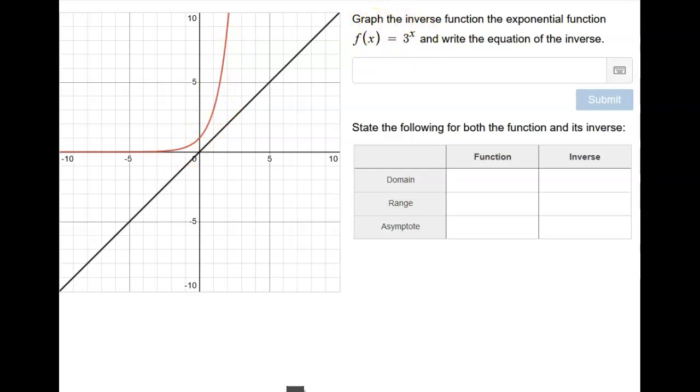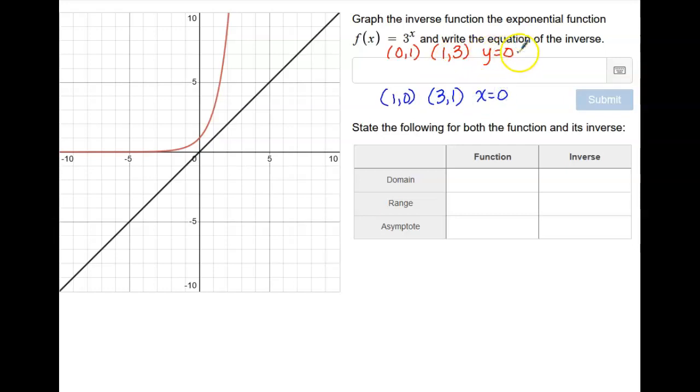So remember, this one, the parent function, is going to go through (0, 1), (1, 3), because this is the base, and it's going to have an asymptote of y equals 0. So because we're writing the inverse of this, the inverse is going to go through the point (1, 0), trade these two, (3, 1), trade these two, and instead of y equals 0, it's going to be x equals 0.